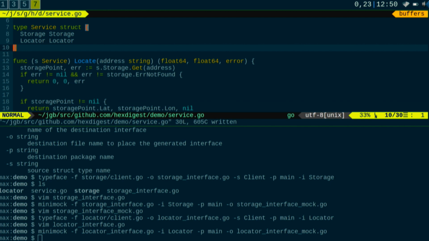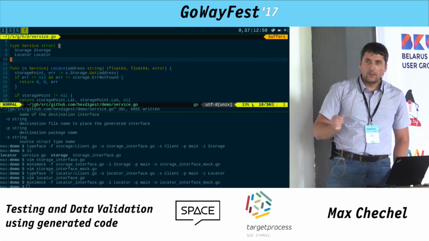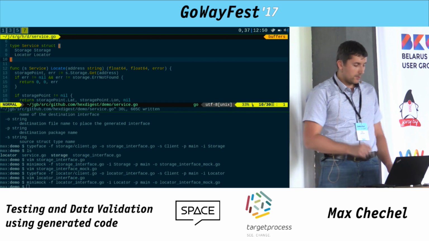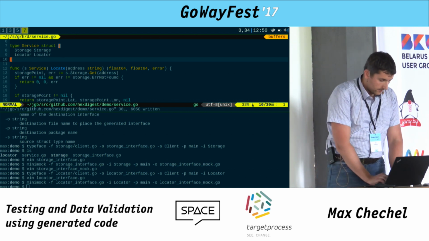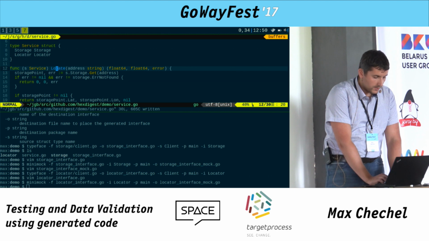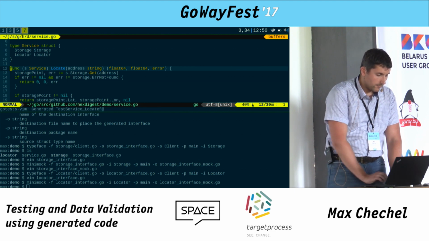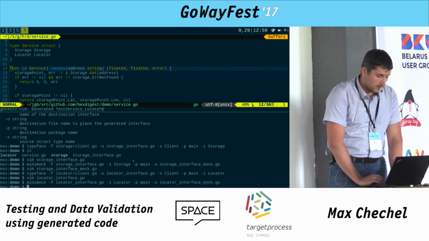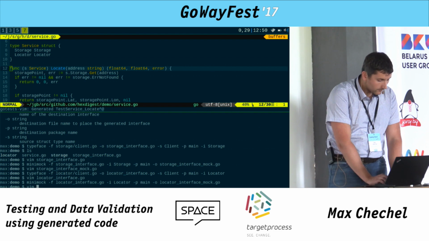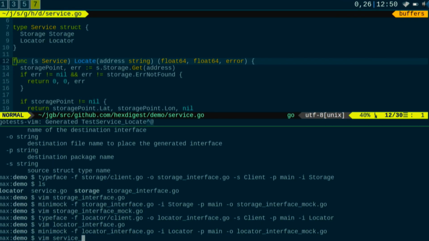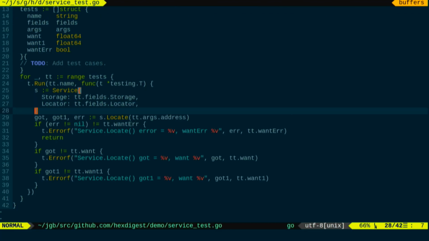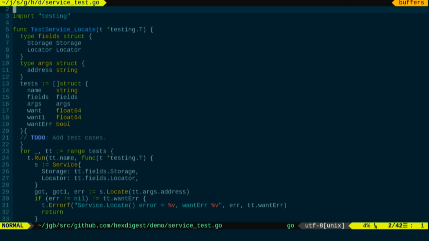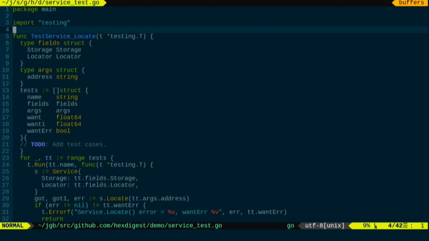So remember I was telling you about the GoTests tool that generates table tests for you. What I'm going to do is press a magic shortcut in Vim, and you can see that a test is generated for the Locate method. And here's how it looks. This code was automatically generated.